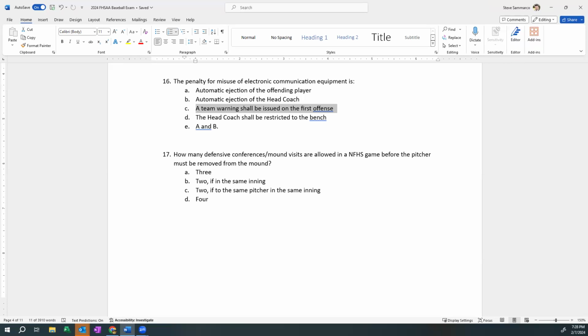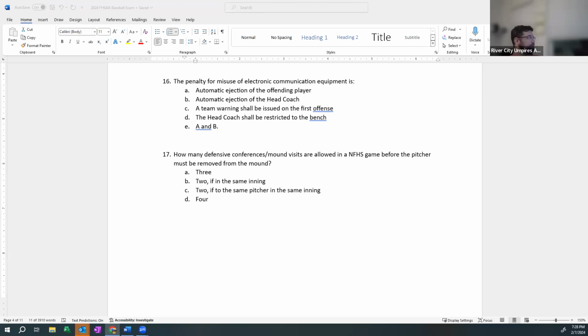No, they're allowed three visits without pulling them. So on the fourth one, you're allowed to have that fourth one, right? But he pulls him. So I have it's three before he must be pulled. Three. So A is the answer. Clarification, I have A. Correct.